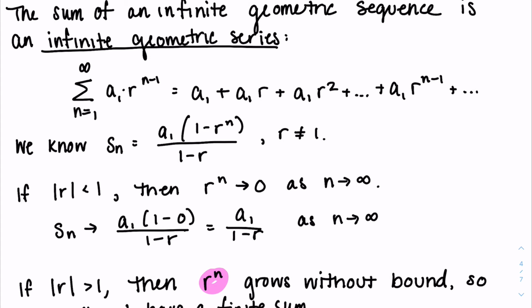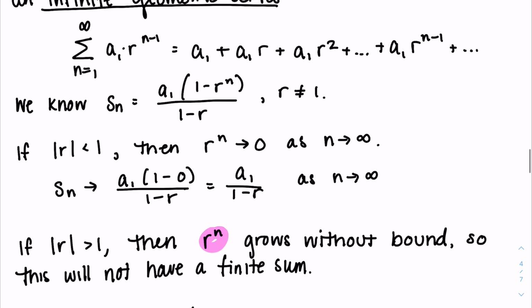Even if it's like -2, it's still growing larger and larger overall, and it's even oscillating between positive, negative, positive, negative. So really, it's not going to have a finite sum, because those values, when n is like 1,000 or 1,000,000, are going to be so large. So it will not have a finite sum.